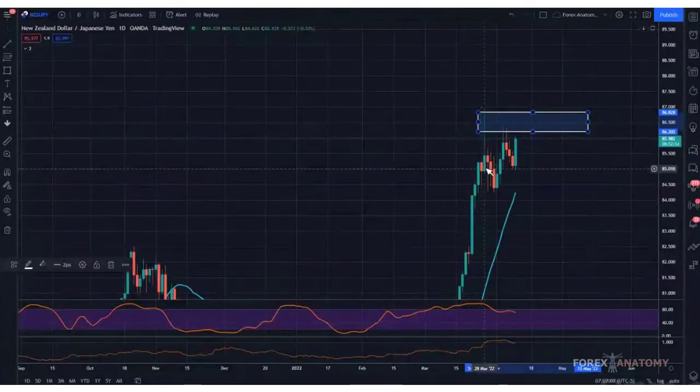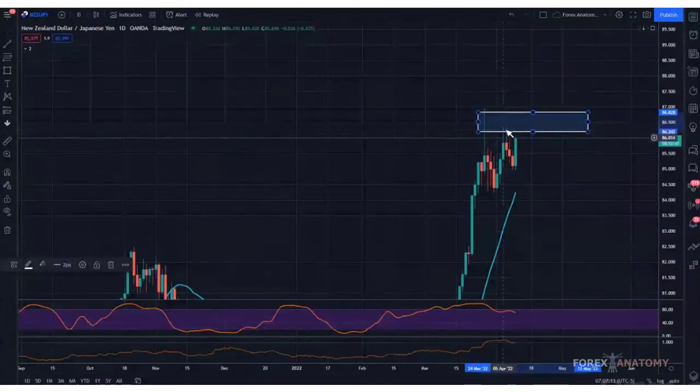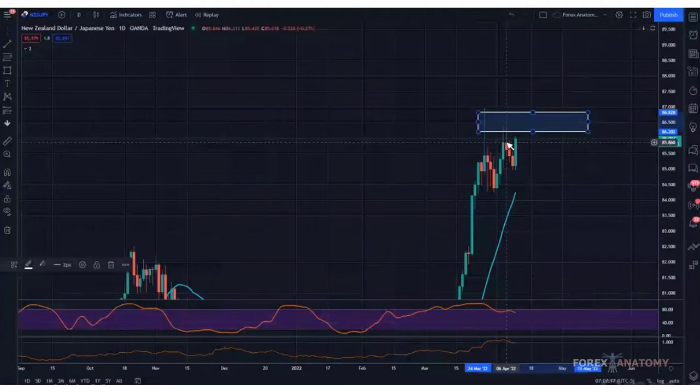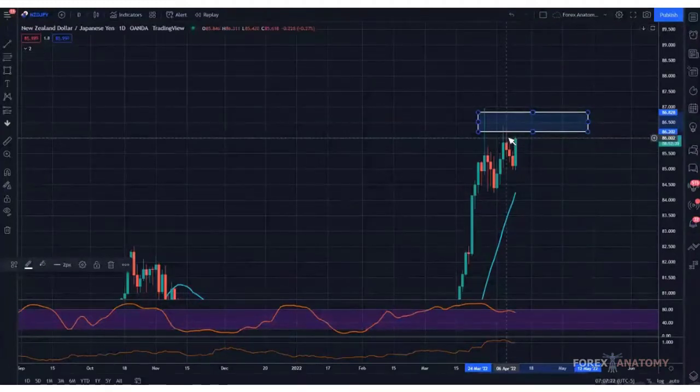Like from this March 28th candle, we have this long wick to the upside, and we have these wicks right here on this April 5th candle and on this April 6th candle, which represents that this is an area of possible supply or resistance, and we have to be watchful once price reaches this particular area.